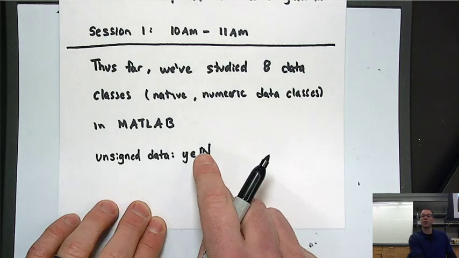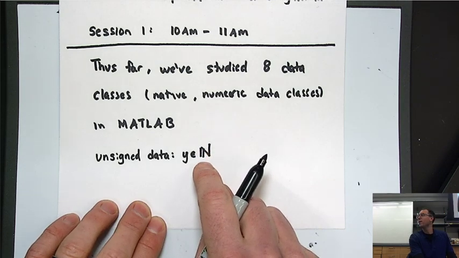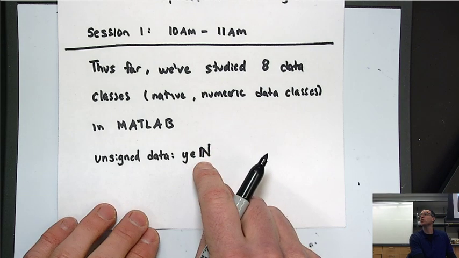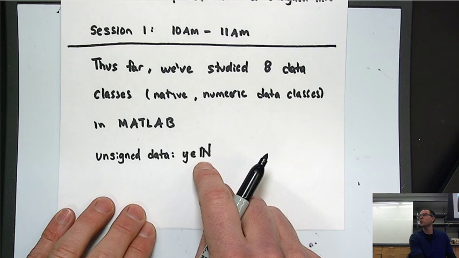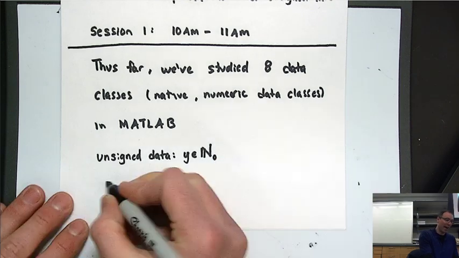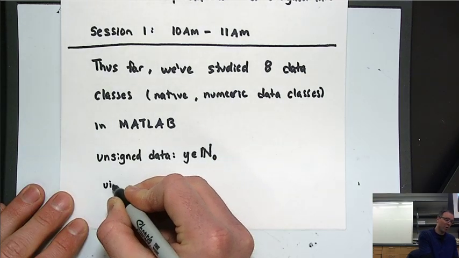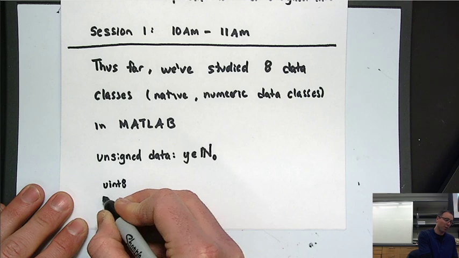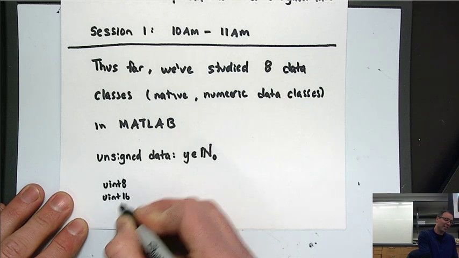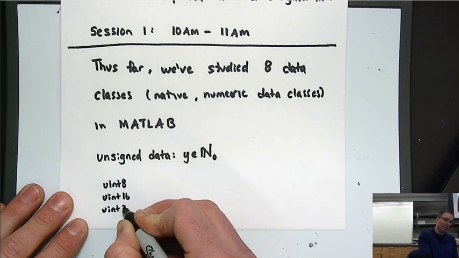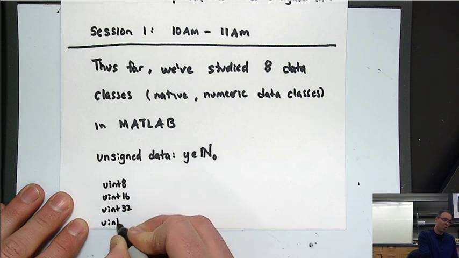What type of data is encoded best with unsigned integers? Non-negative integers, right? And then we had this concept of uint8, uint16, uint32, uint64.